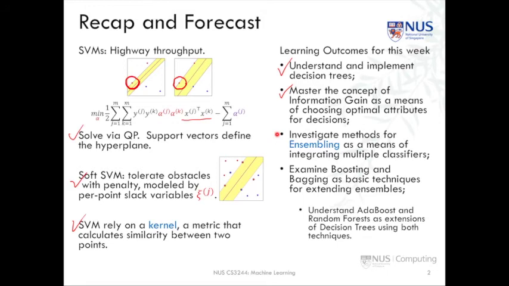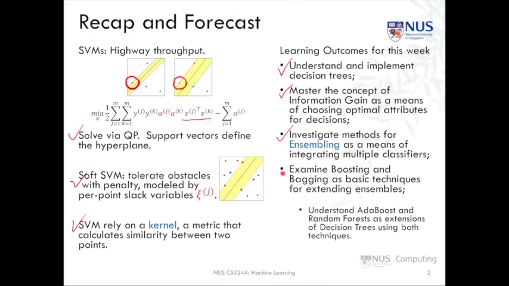Once we have decision trees mastered, in the post-lecture we're going to be looking at methods for ensembling as a way of integrating multiple classifiers. We've actually studied one method for ensembling already, which is the stacking idea, which is apparent in neural networks and deep learning to great success.